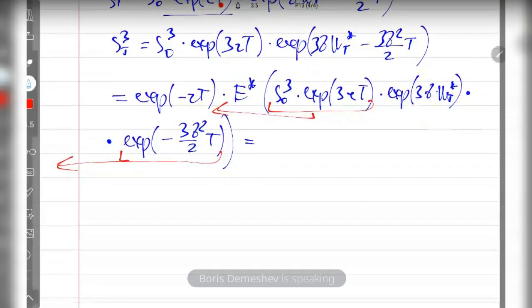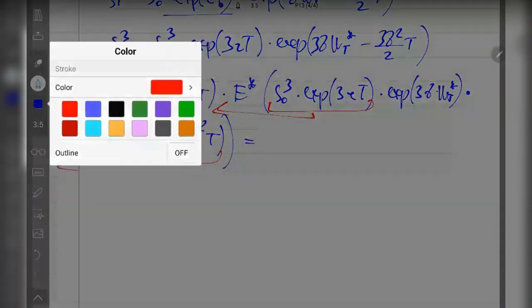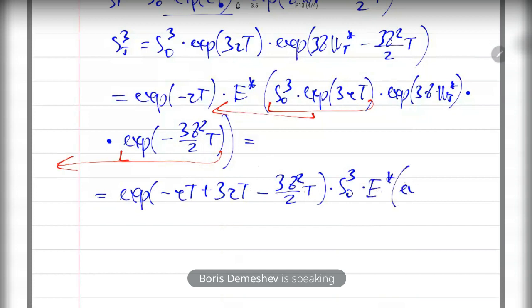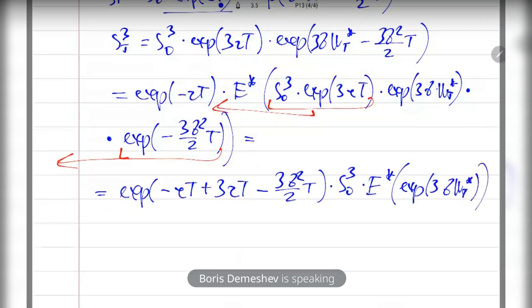What do we have inside? Exponent of minus RT plus 3RT minus 3 sigma squared over 2 times T, times S0 cube times expected value star of exponent 3 sigma WT star.